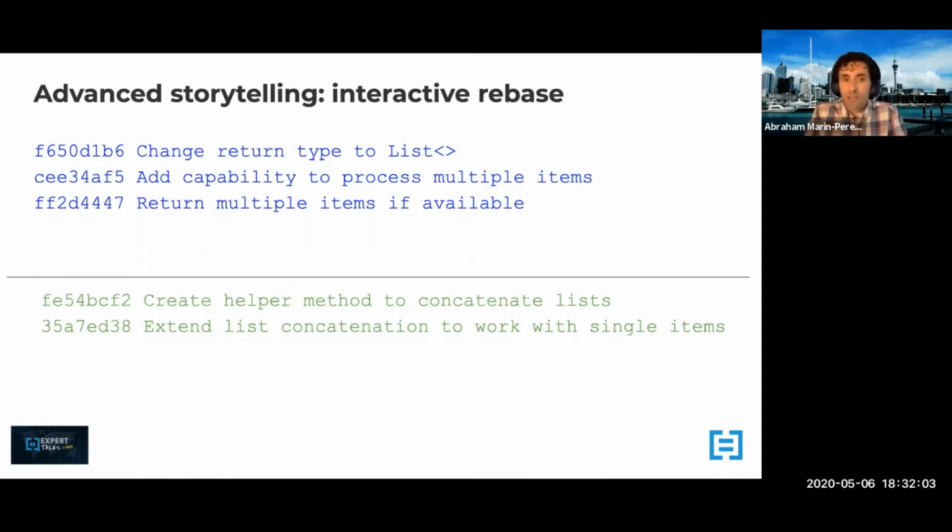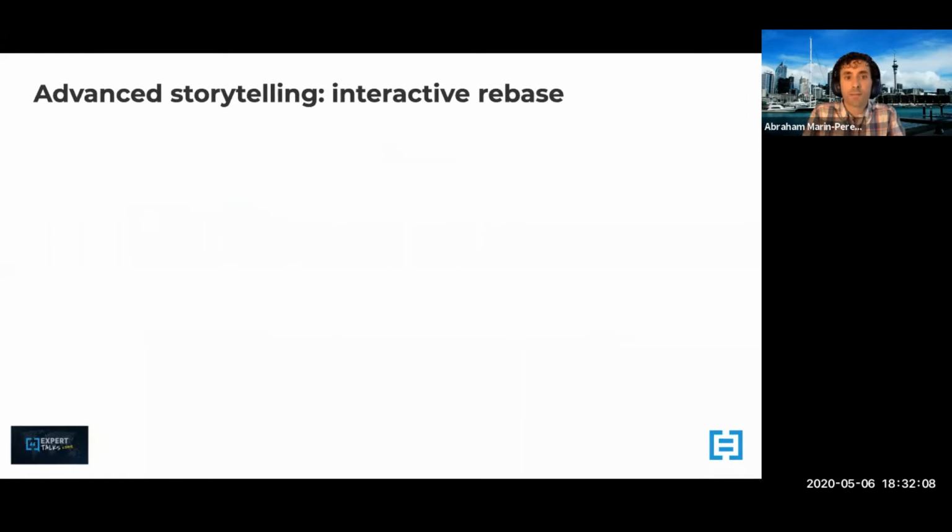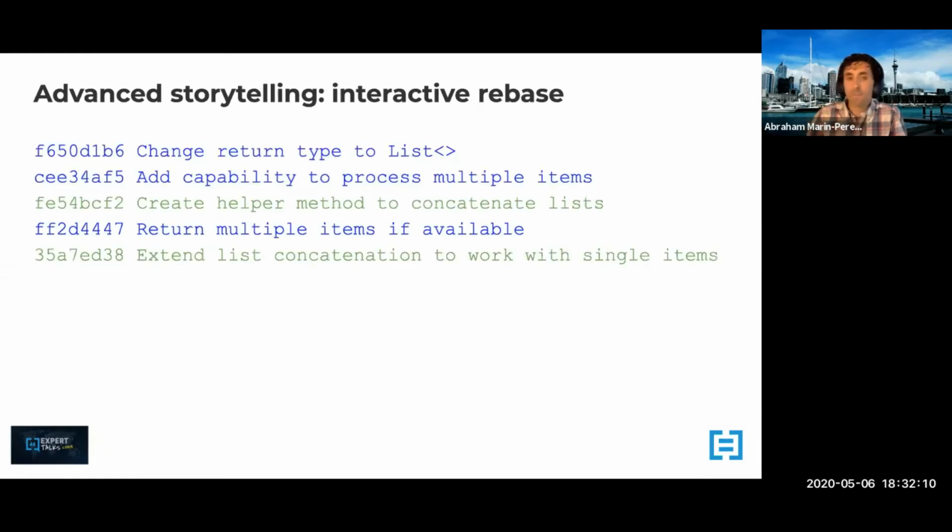Now, changing the order of commits can be dangerous, because you might not realize that maybe the fourth commit depends on the third one. So if I swap the order, I might be breaking the build. One thing that interactive rebase allows you to do is indicate a command that you want to run after each commit.